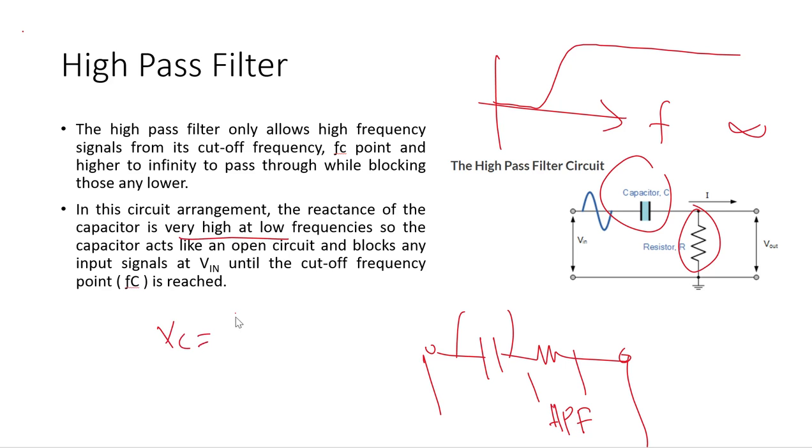Xc is higher at low frequency, so it will not allow the input signal through this capacitance, because if we have a DC signal, the capacitor is open for DC, so it will not allow it. After the cutoff frequency Fc is reached, what will happen? The circuit will allow some of the voltage to pass through it, and after increasing the frequency more, we will have all the voltage available across this resistance, because the resistance would be higher as compared to the drop associated with the capacitor. Okay, so this is the high pass filter.